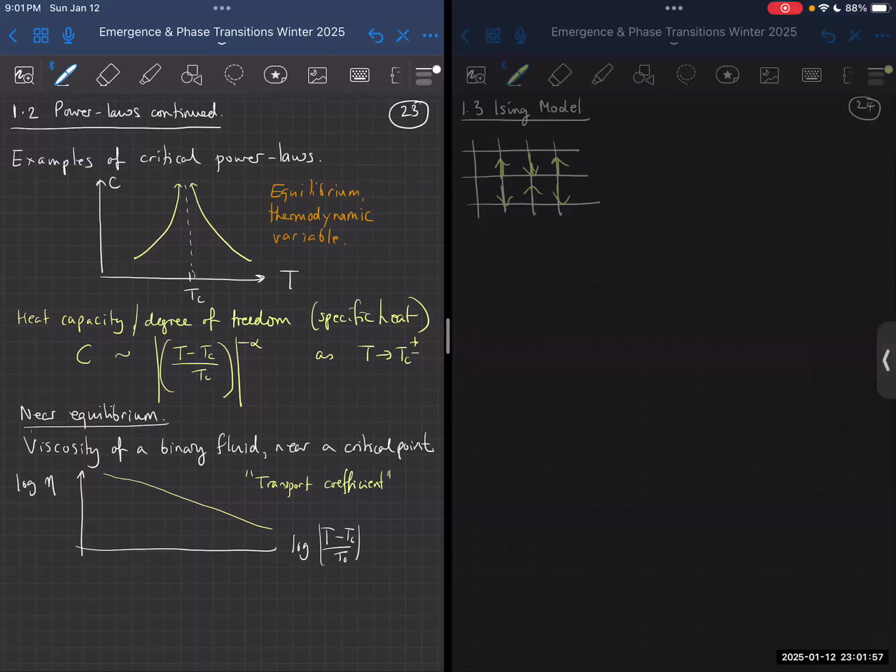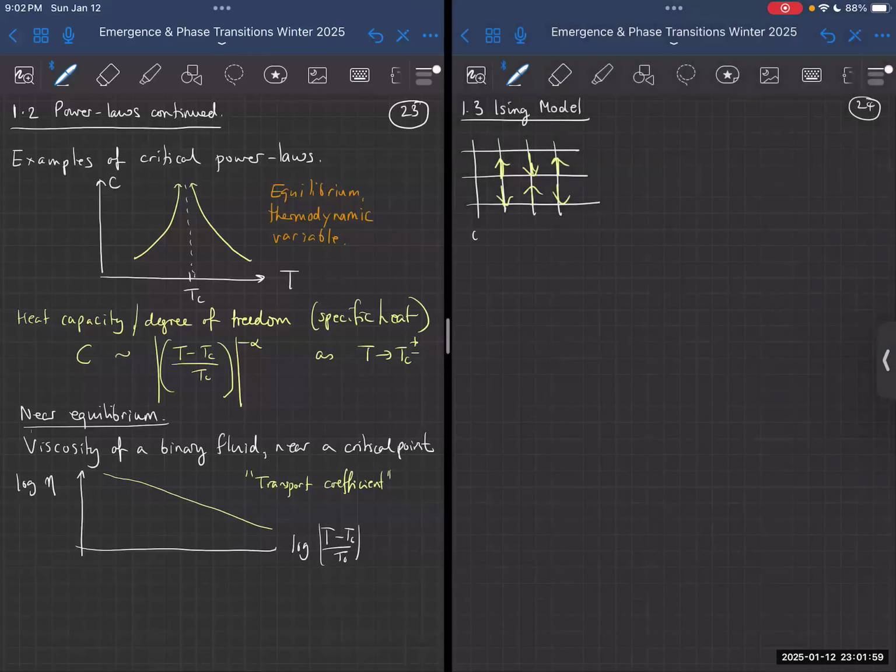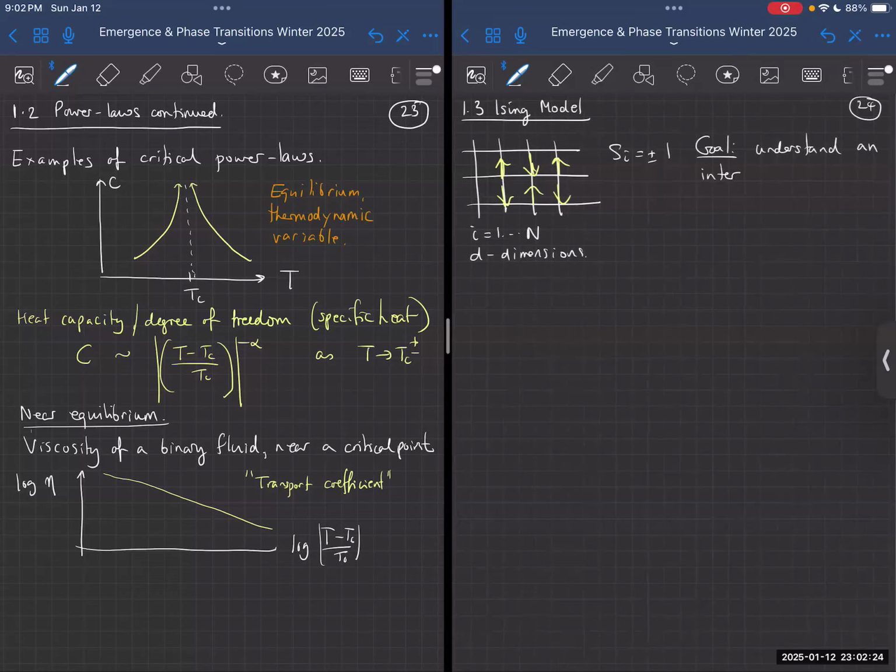And so i goes from 1 up to n, Si is plus or minus 1, and we are in d dimensions. The goal of this section then is to understand the behavior of an interacting magnetic spin system.